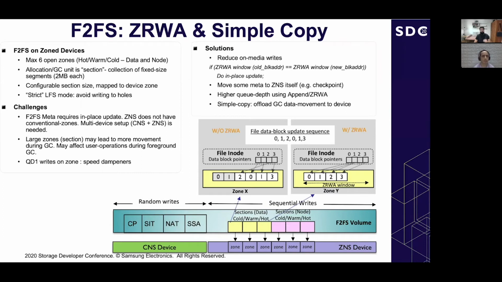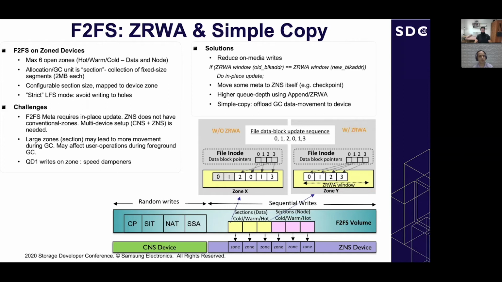The allocation and garbage collection unit is a section, which is a collection of 2 MB segments. For zoned devices, this section is mapped to the device zone size, and it is made sure that F2FS disables adaptive logging and remains in strict LFS mode, so that writing to the holes is skipped.